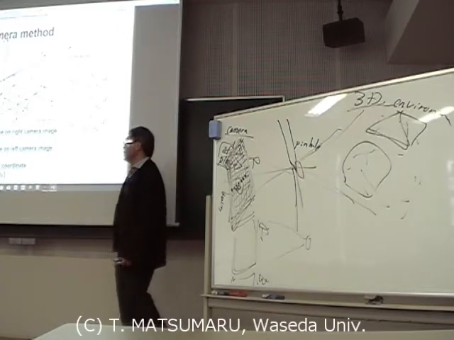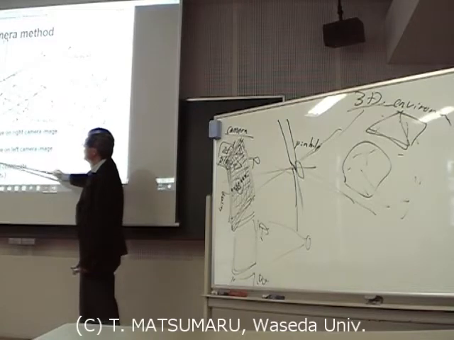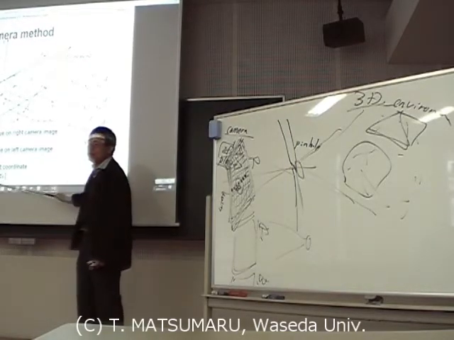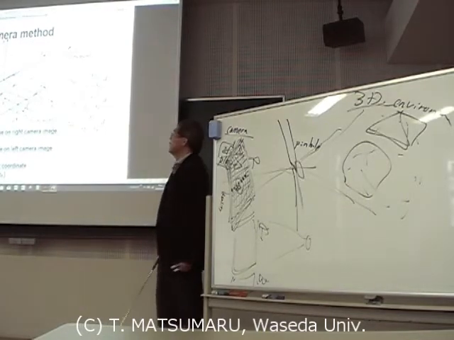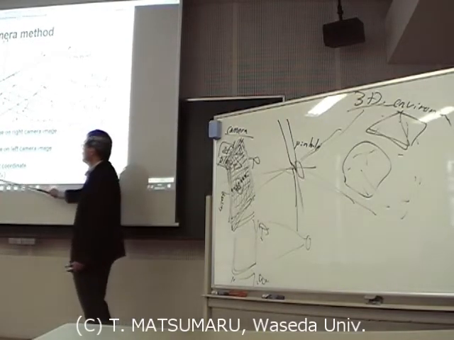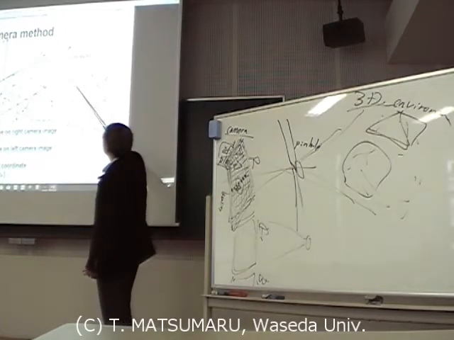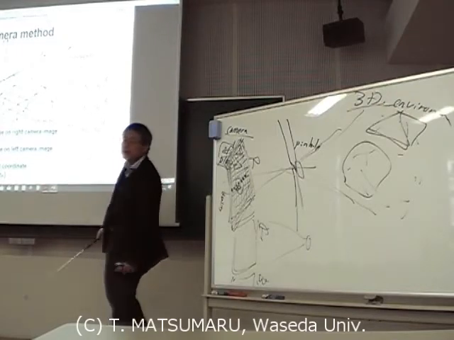The meaning of these 4 parameters, we want to find this three-dimensional position, is the main work of the stereo camera. So this XO, YO, 0 looks like this coordinate.